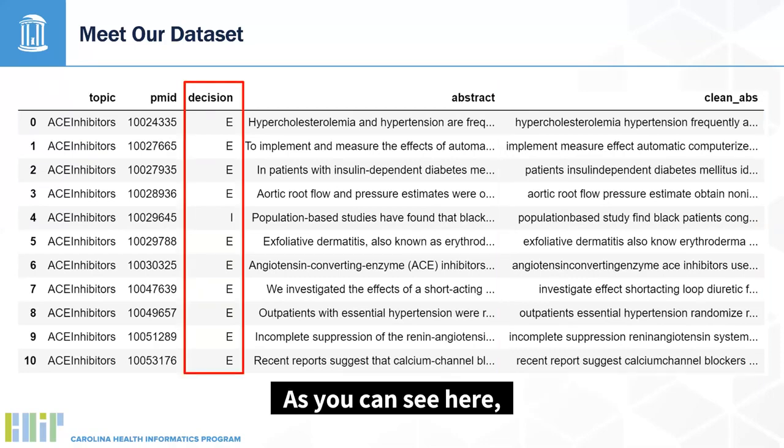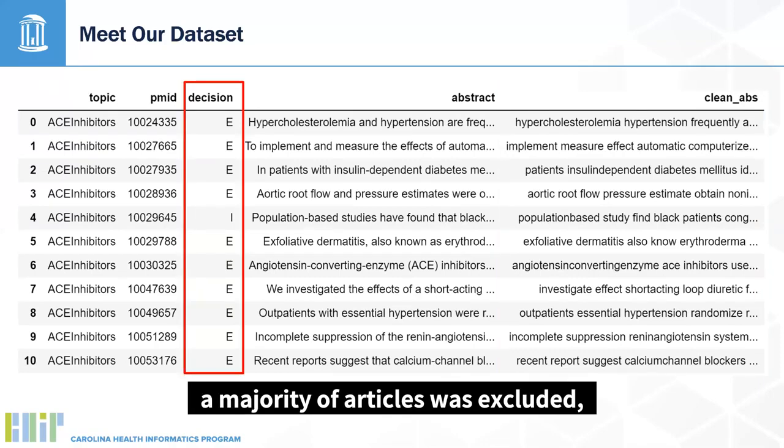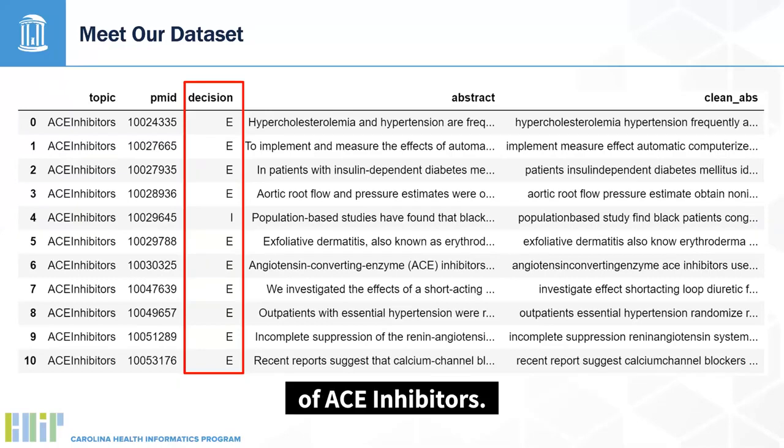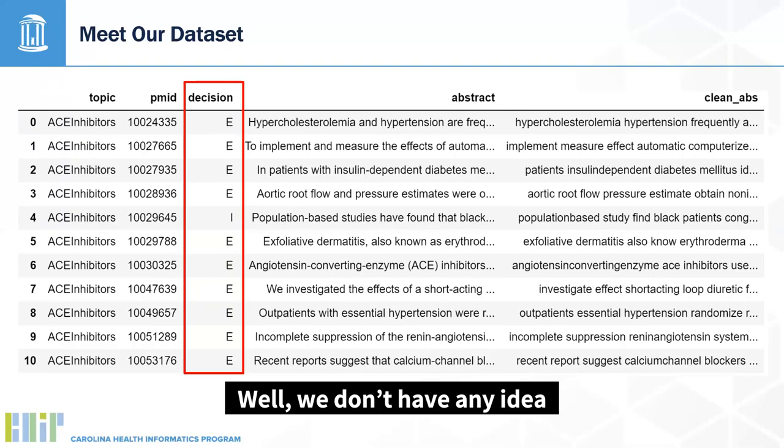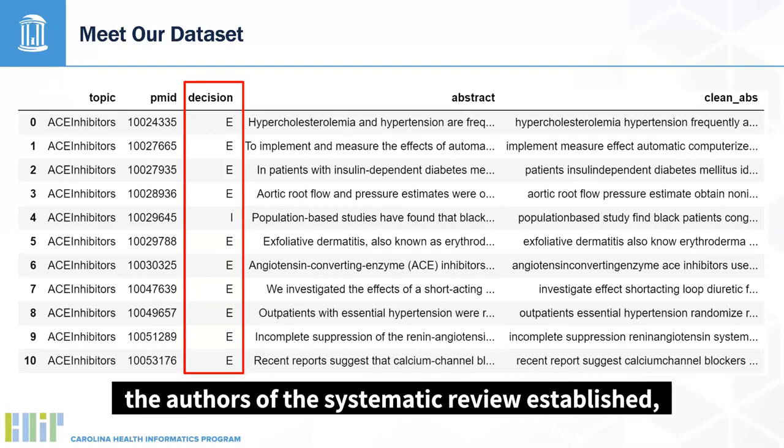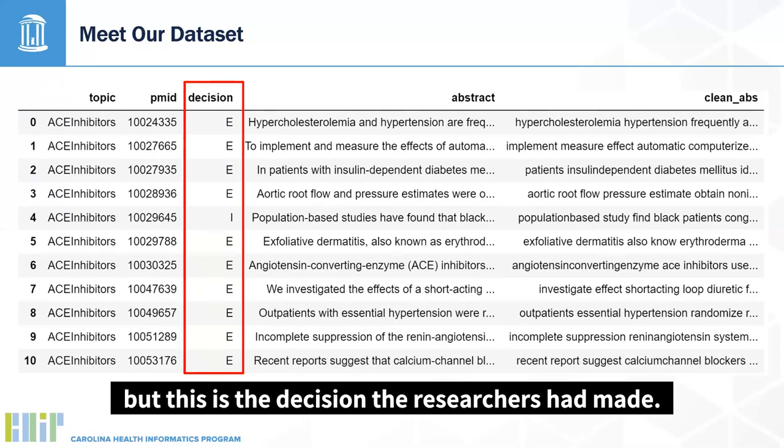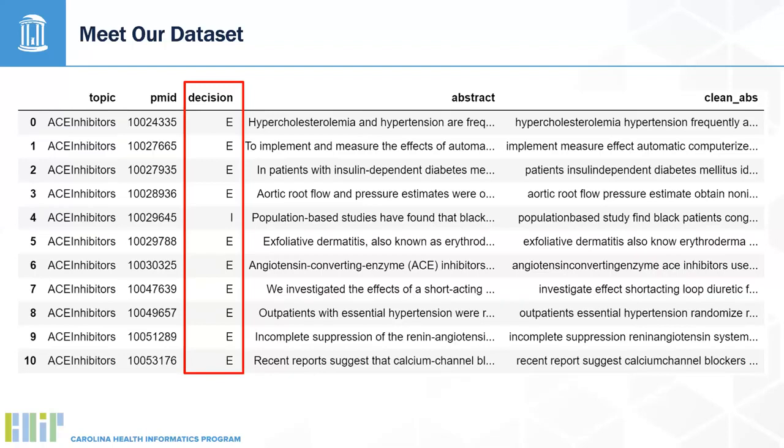As you can see here, a majority of articles were excluded or irrelevant for the systematic review of ACE inhibitors. Well, we don't have any idea about the inclusion criteria the authors of the systematic review established, but this is the decision the researchers had made.